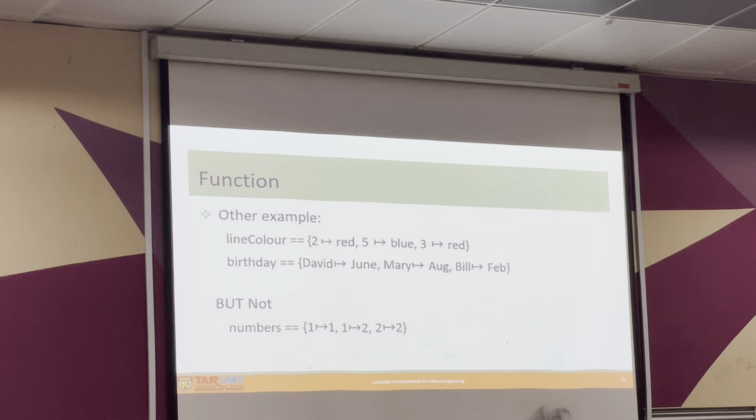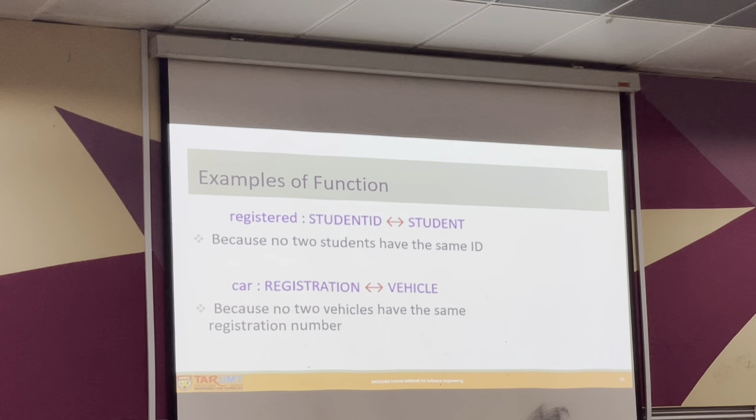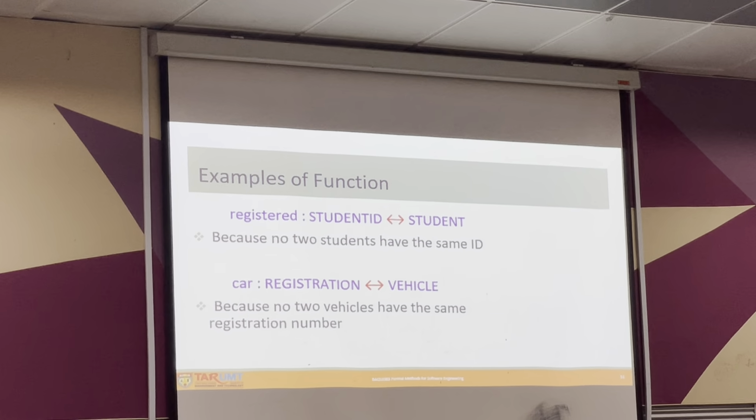So, let's say before this, you changed your relationship from Cartesian product to relation, then you put a double-sided arrow. But after you have done that, you want to improve your relationship, then you ask yourself, do you duplicate your domain data or not?